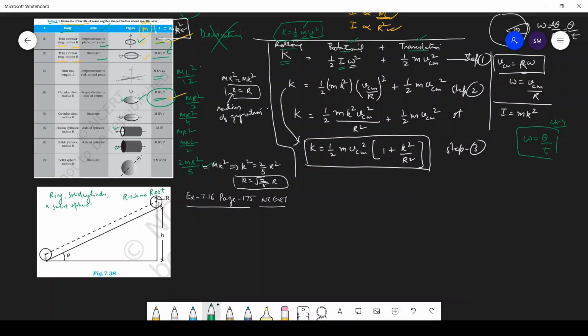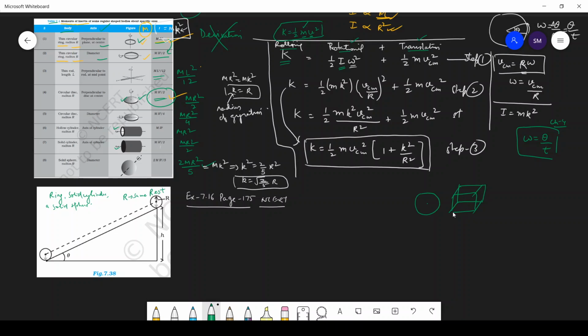For symmetric bodies, the center of mass is nothing but their geometric center. That's our first question of the exercise also, what are the geometric centers. Like for a sphere, its center is the center of mass. Suppose we have a cube, what is the center of mass of this cube?